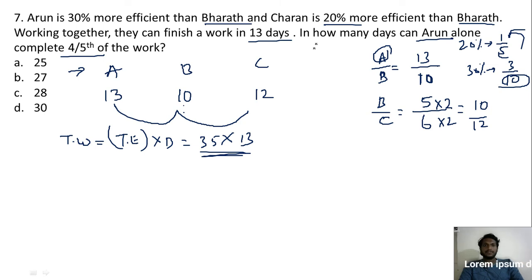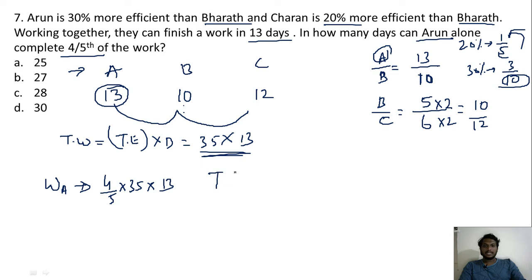Now we have to find number of days taken by Arun alone to complete 4/5 of the work. Here the work done by Arun is only 4 by 5th of the total work, that is 4 by 5 into 35 into 13. Now the efficiency of A is 13.